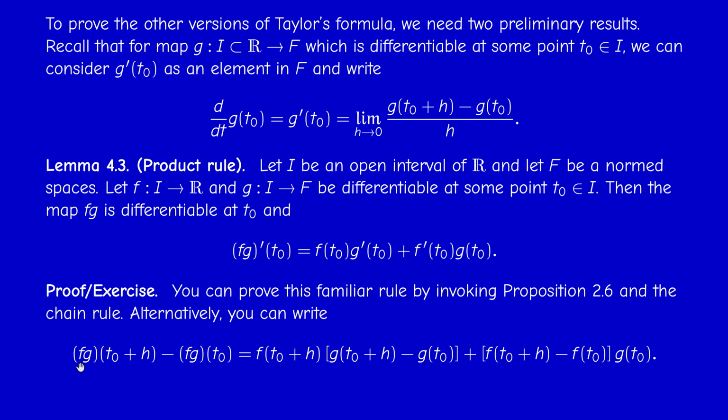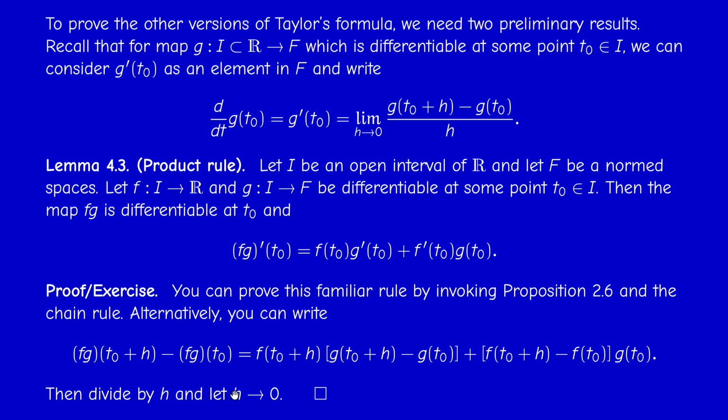Just evaluate the difference between the value of fg at t0 plus h minus the value at t0, and we add and subtract, this is a typical trick, the same number, which is f of t0 plus h times g of t0. So we add and subtract it, and then we write the difference in this way. Then we divide by h, because h is now a number.